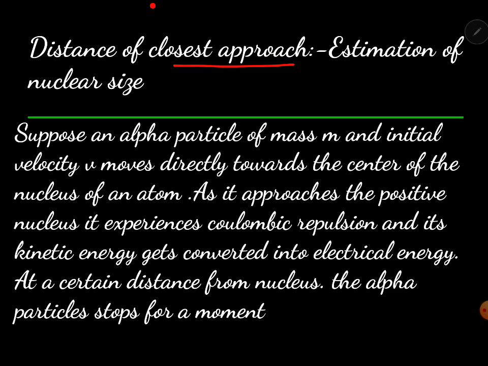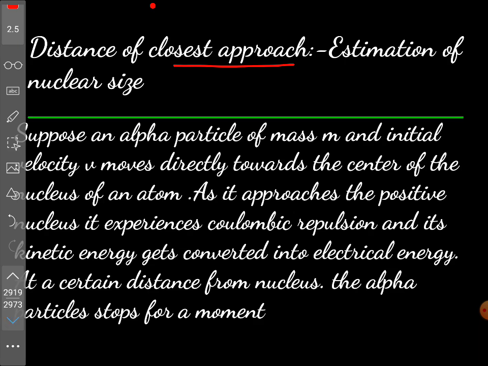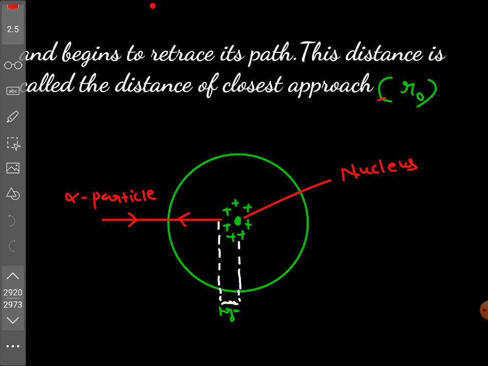We know that the alpha particle is a positively charged particle, and when it tries to enter the nucleus, the positive charge repels it, and the kinetic energy is converted into electrical energy. So when the alpha particle comes very near to the nucleus, it stops for a moment and then retraces its path, returning back at an angle of 180 degrees.